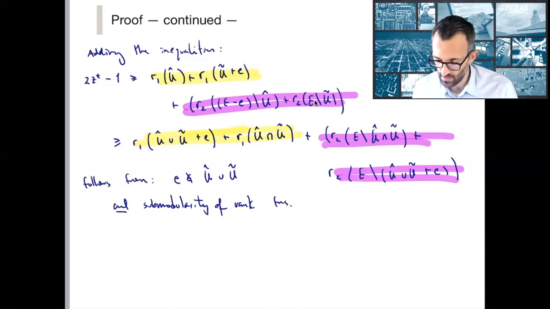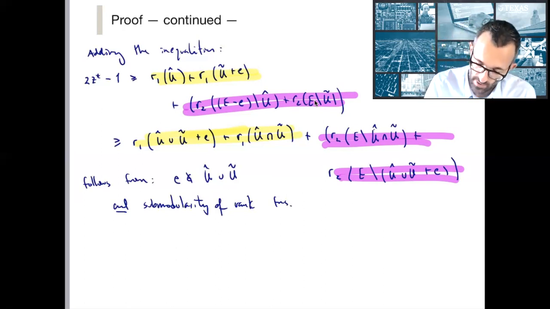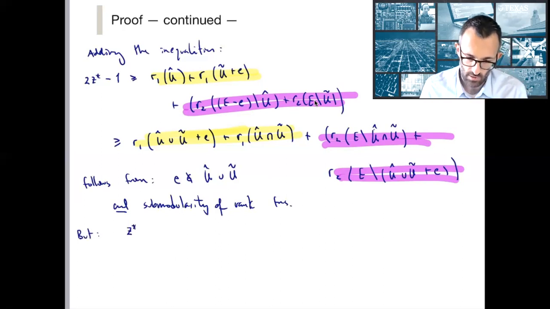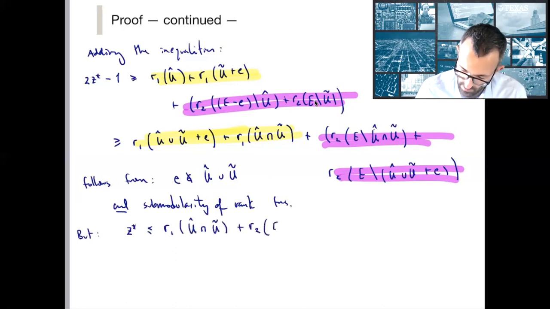Okay, so let's now see where we are, because you see we're actually close because we have some other inequalities. I know that Z star is certainly less than or equal to R1 of U hat intersect U tilde plus R2 of E minus U hat intersect U tilde.